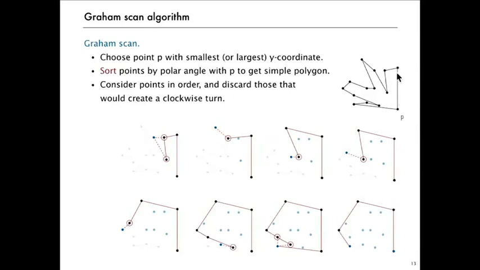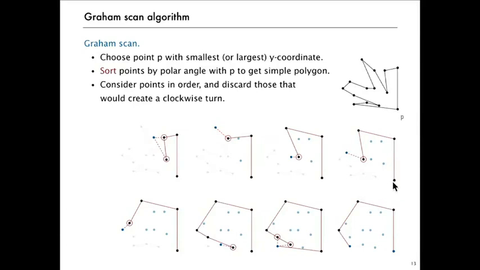So we think of a line sweeping through and just picking out the points by polar angle centered at that point. And we get the points in order along this polygon. And because we're doing it by polar angle, the lines don't intersect.